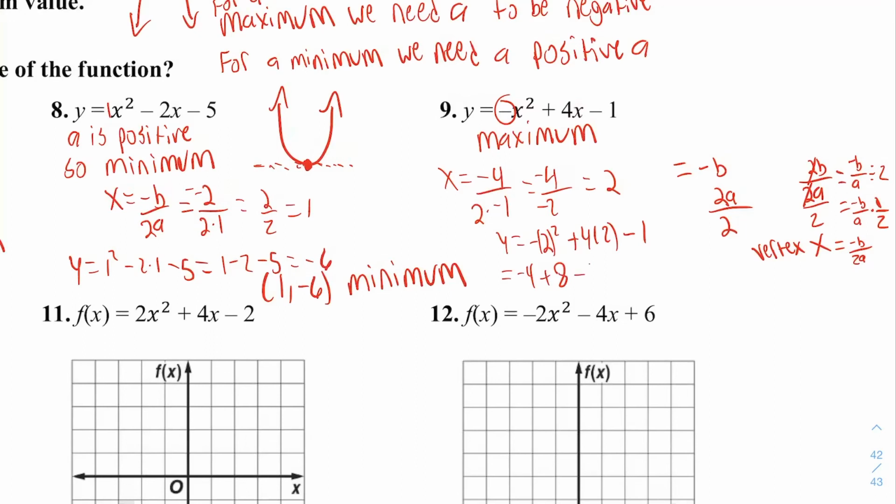Negative 4 plus 8 minus 1 equals 3. So the vertex is at 2, 3. And this isn't just a vertex, this is the maximum.